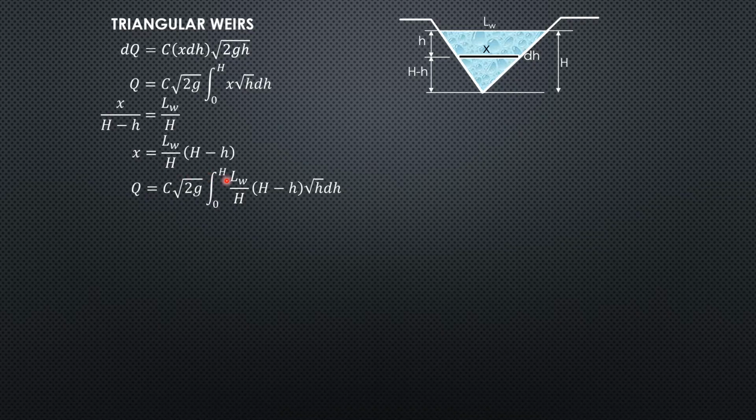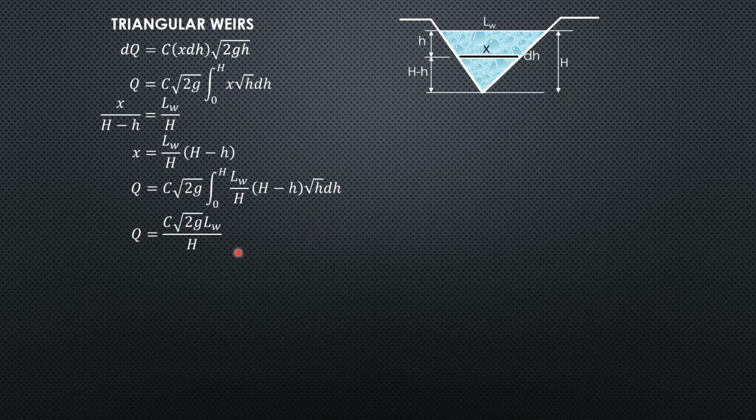Because all of these are constant, the integral of the first, which is constant big H, h to the 1/2 is 2/3 big H to the 3/2, then minus h square root of h is h to the 3/2, so the integral is 2/5 h to the 5/2.